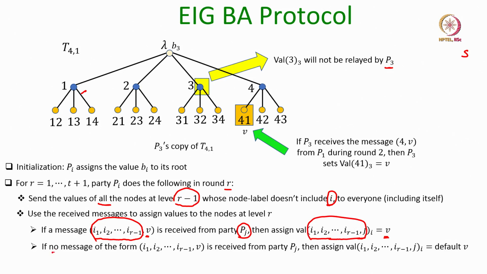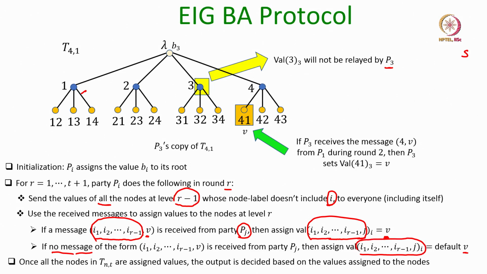However, if no message comes in round r, that means Pj was corrupt, because if Pj is not corrupt then it should have sent a message in that round. If Pj is corrupt and does not send a message, then Pi uses some default value. It does not wait indefinitely for that expected message.